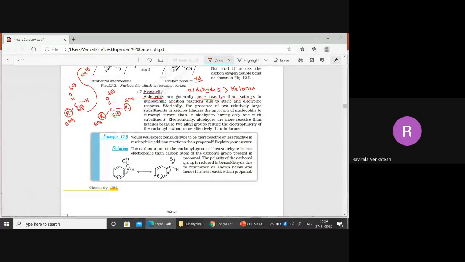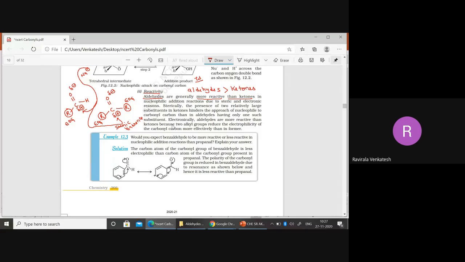Here it is attacking, or here it can attack. Now because of steric hindrance here. Why steric hindrance, beta? On the left side and right side, bulky groups are there. In that case, attacking on the carbon is difficult here.